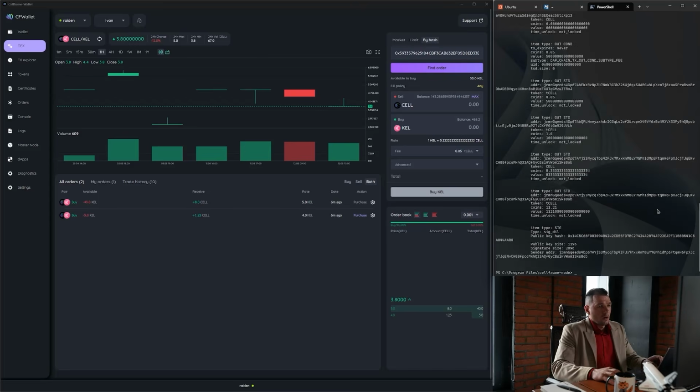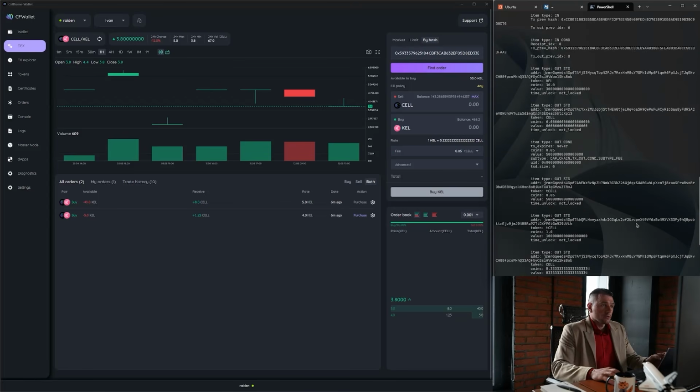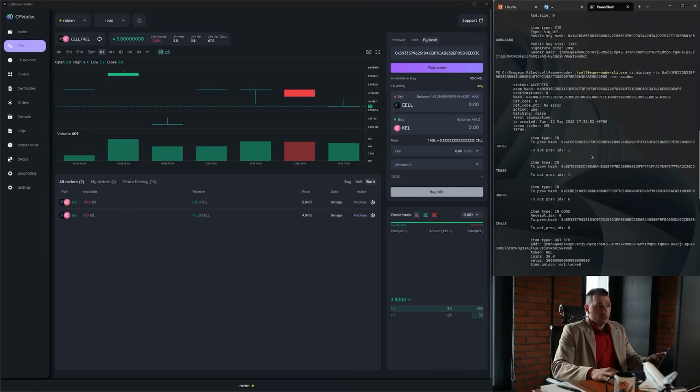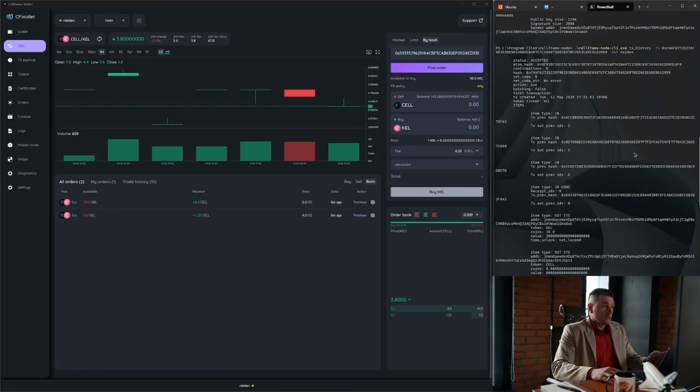And this is the same transaction pattern as a partial execution, but there is no remainder left to continue. So there is no conditional output item with subtype Cellframe DEX. The funds from the output are fully consumed, so the order is closed, and the closing transaction is visible on chain.